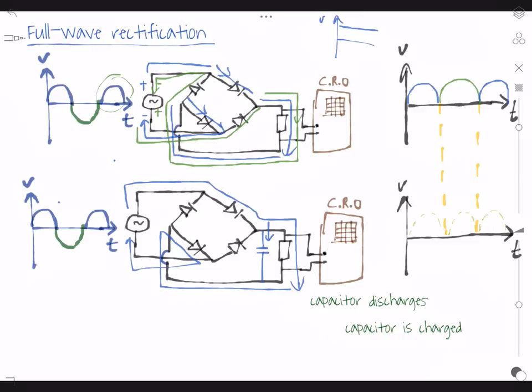So for the output display, current flows, and while the input current increases, the capacitor is charged. Okay, for this second half cycle, current should flow backward.